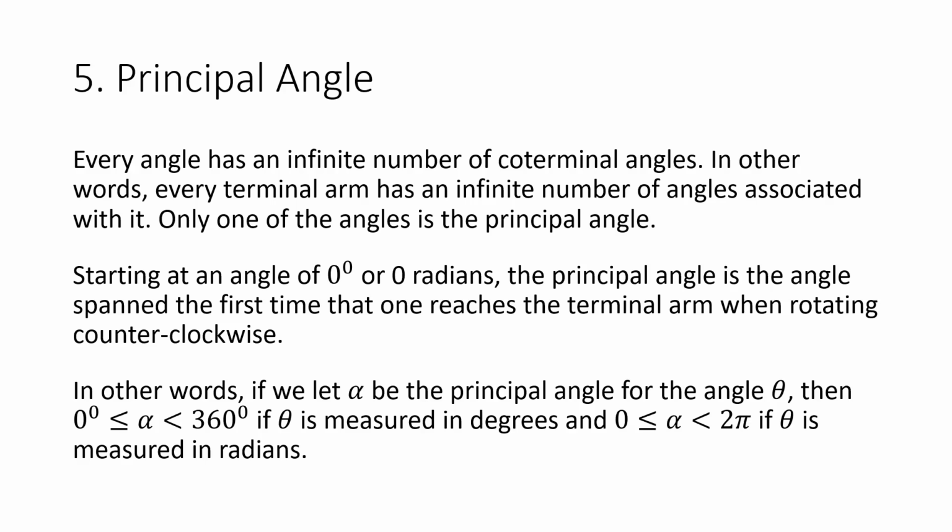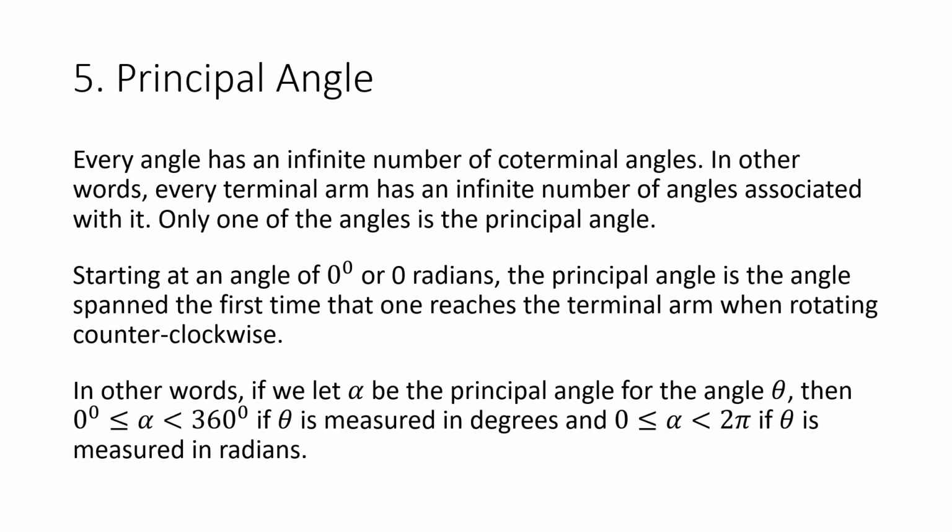Well, how do we know what it is? It's the first angle you get to when you begin rotating positively. So in the case of the angles 30 degrees, 390 degrees, 750 degrees, etc., the principal angle is 30 degrees. If we have an angle of 0 degrees, that's the principal angle.